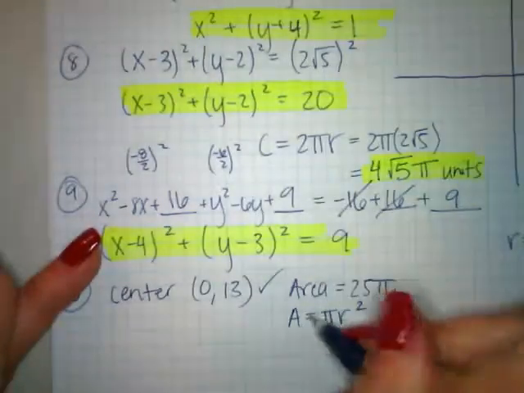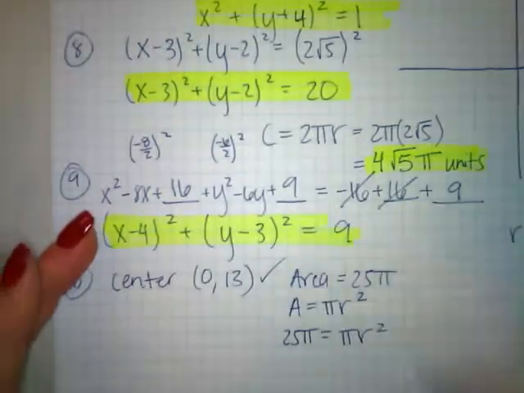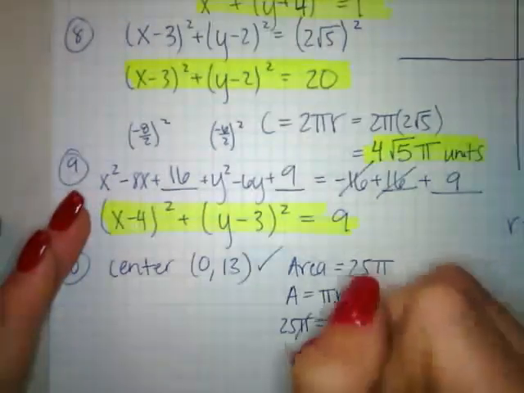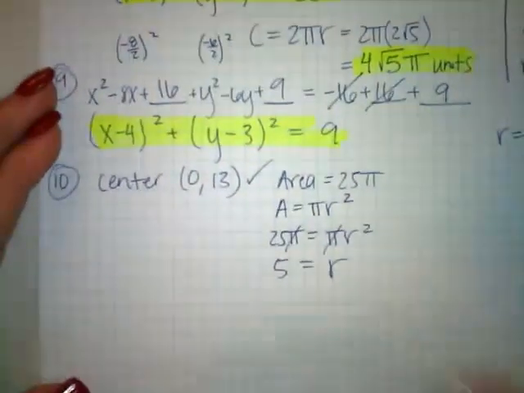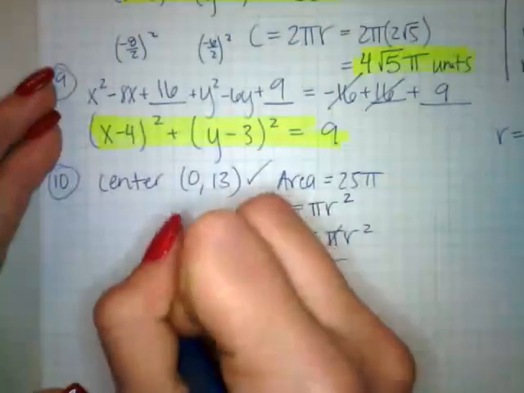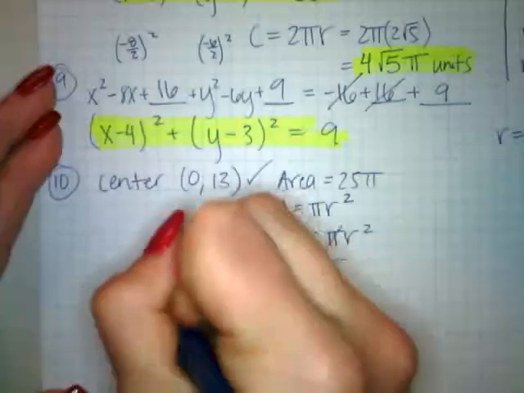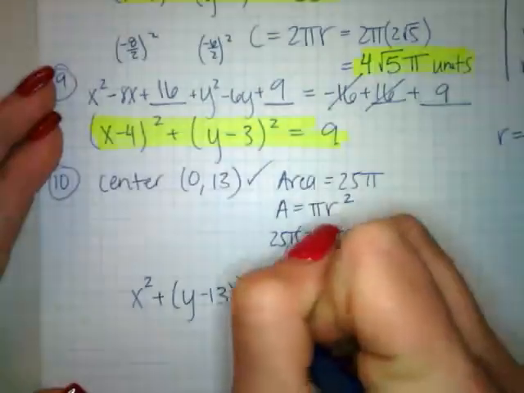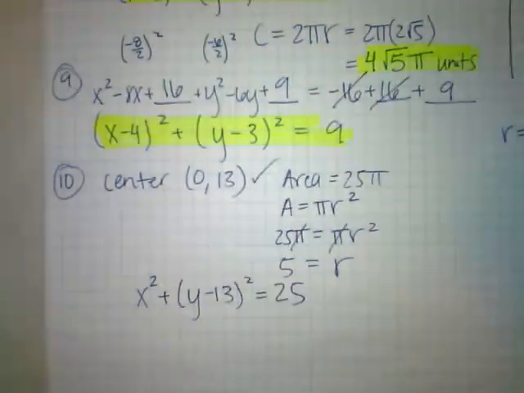Well, since I know the area, I'm going to plug that into A. I can divide by pi on both sides, then take the square root of both sides, leaving me with a radius of 5. I can now write my final answer as x, oops, there's nothing being added or subtracted, so that's just going to be x squared plus y minus 13 squared equals our radius squared, which is 25.